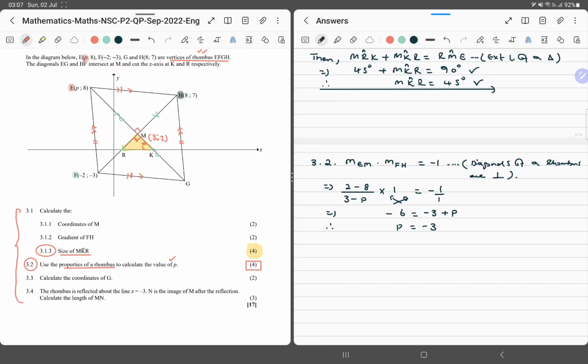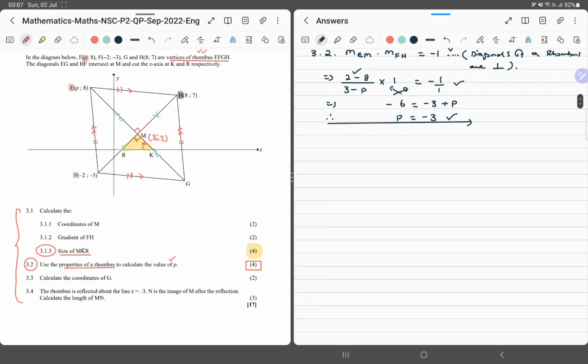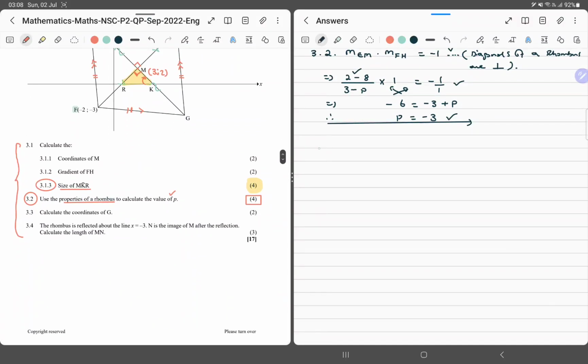Does it make sense? Yes, it does, because it's a point just before point F. Okay, so we can accept that. So we're getting 4 marks. Again, this statement and its reason is important. That lovely calculation is important, and the entire substitution in general, and the final answer is where these marks are sitting. So you guys are flowing right. So let's do the next question. 3.3.